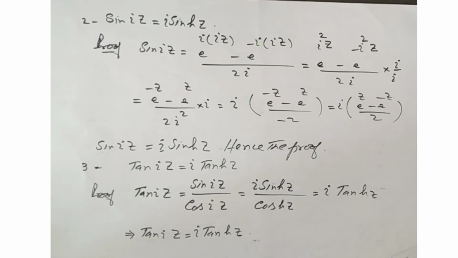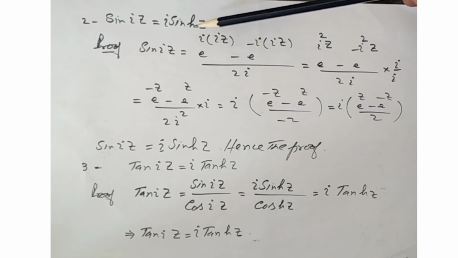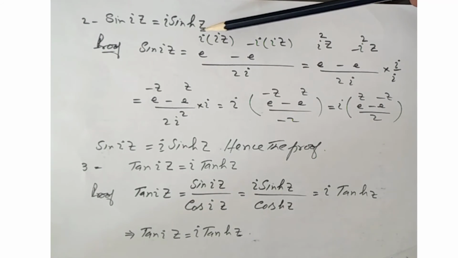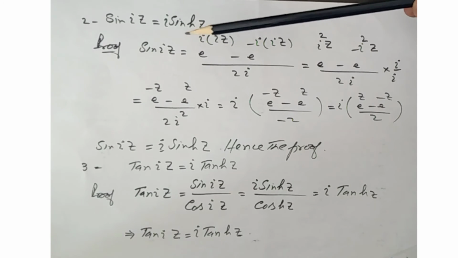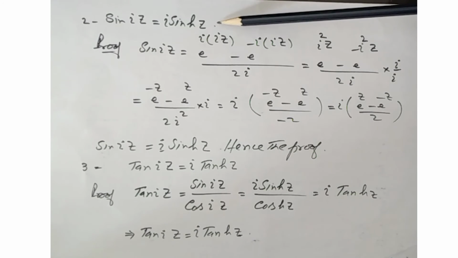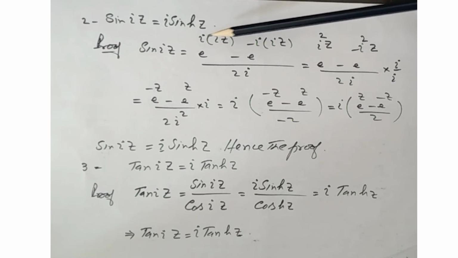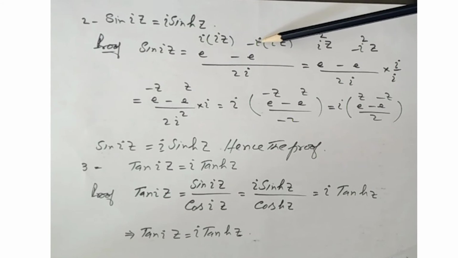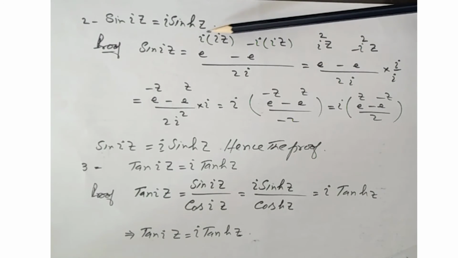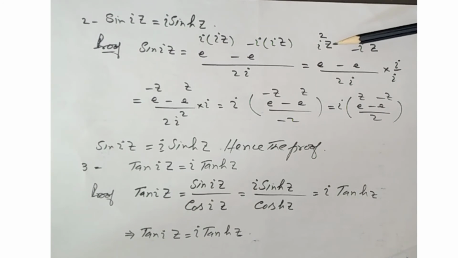The second formula is sin iota z equal to iota sin hyperbolic z. Now we prove this formula. We take sin iota z equal to e to the iota into iota z minus e to the minus iota into iota z divided by 2 iota. Iota into iota becomes iota square, and this is equal to minus 1. So this becomes e to the iota square z and e to the minus iota square z.